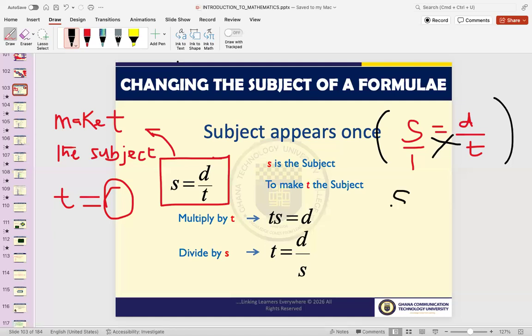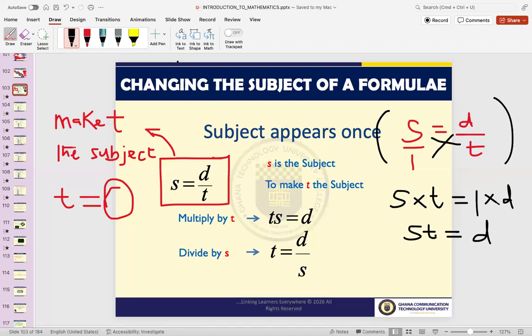So you have S times T this way is equal to 1 multiplied by D. That's the cross multiplication. So you go diagonal, S times T, and then 1 times D. S times T will give you ST. It's equal to 1 times D, which gives you the same D.